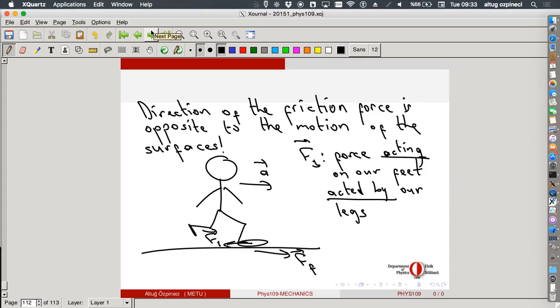I don't get slipping. If my feet are slipping, then the surfaces have some relative motion, and in that case I have kinetic friction. Again, the only thing that will determine the direction and the property of the friction are the surfaces responsible for friction. So if the surfaces do not have any relative motion, then the friction force is static. If the surfaces have relative motion, then it will be kinetic.